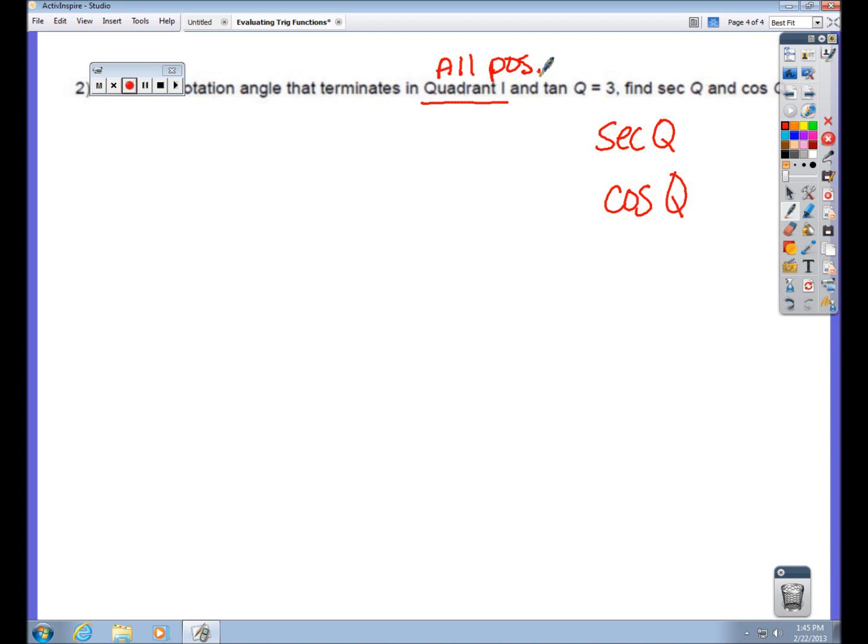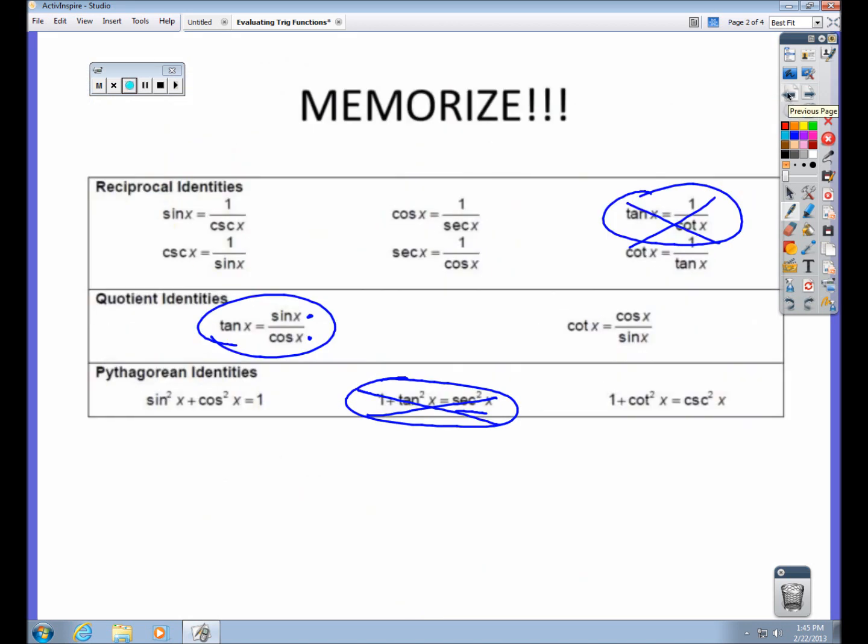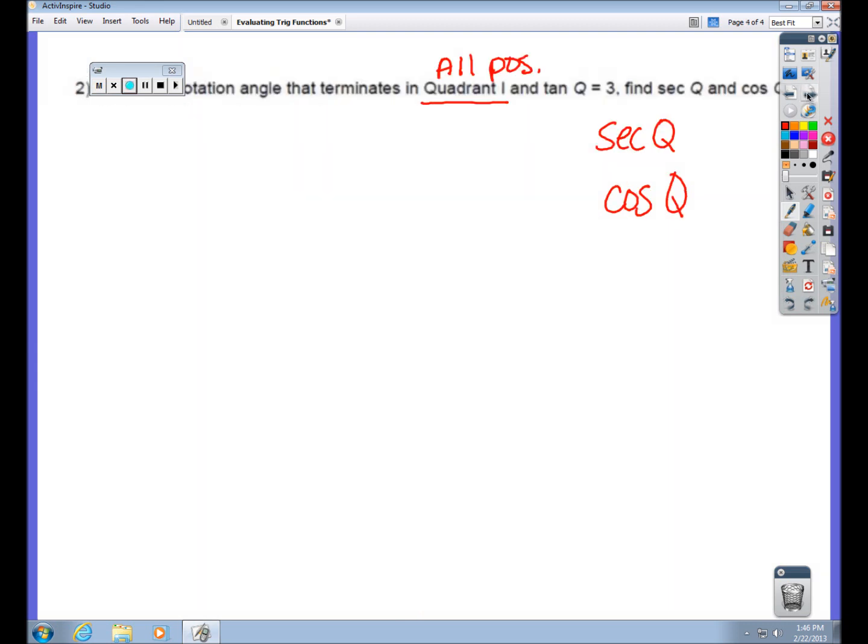So if you will look at your identities again. If we've got the tangent and we're trying to find secant, tangent and secant are only related with this Pythagorean identity. So what we're going to have to do is use 1 plus tangent squared equals secant squared. So let's substitute for tangent.